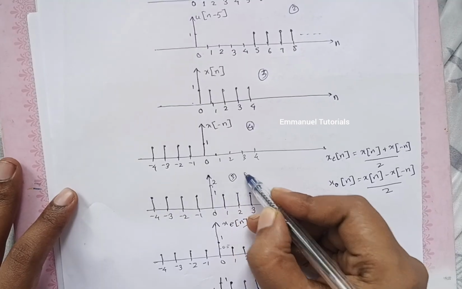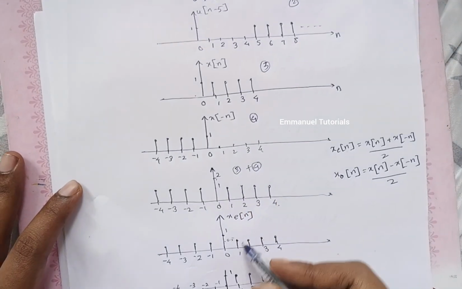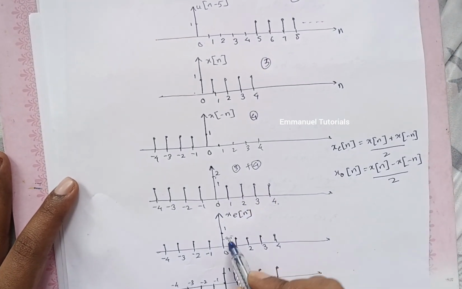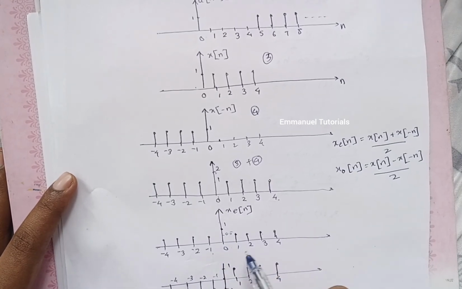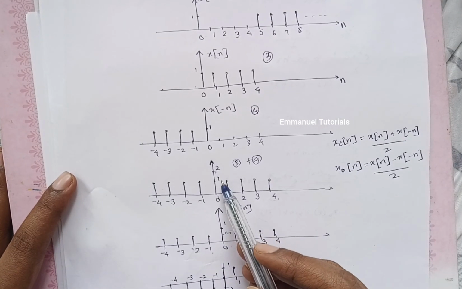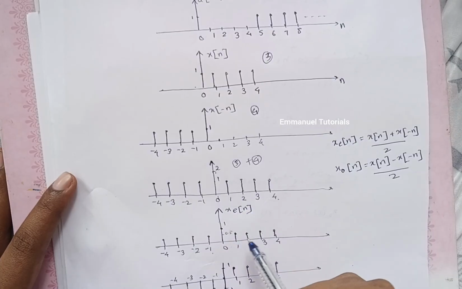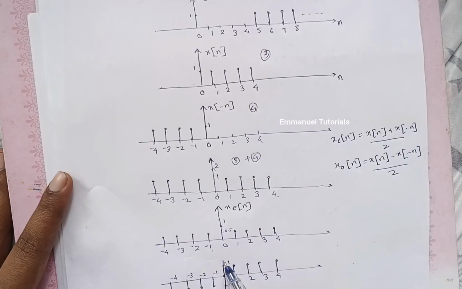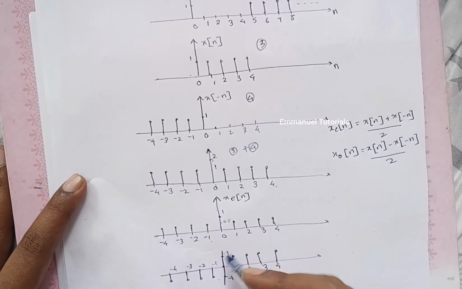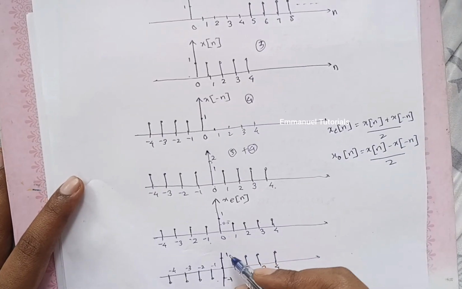This I can say is 3 plus 4, and this is our even part. So at 0 amplitude is 1, and from minus 4 to minus 1 and 1 to 4 it is 1 divided by 2, which is 0.5. So at 0 it is 2 divided by 2, which is 1. Hope you got this.